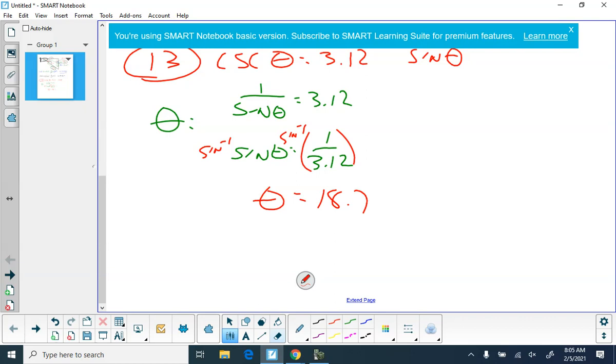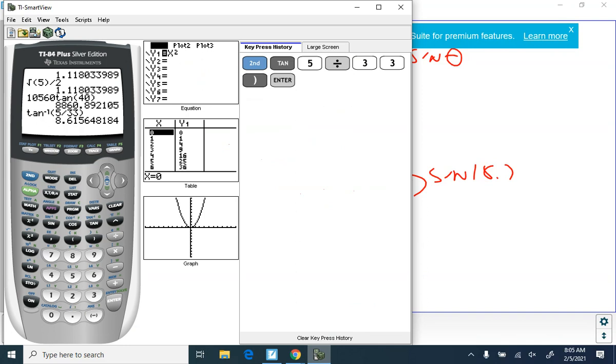Now what we want to find is the sine of this 18.7. You can have the answer there, or you can just take the sine of the answer that you just found, so you don't have to click and clack so much. Once again, it's a tool that you want to utilize with your calculator. We have the inverse sine of 1 divided by 3.12.